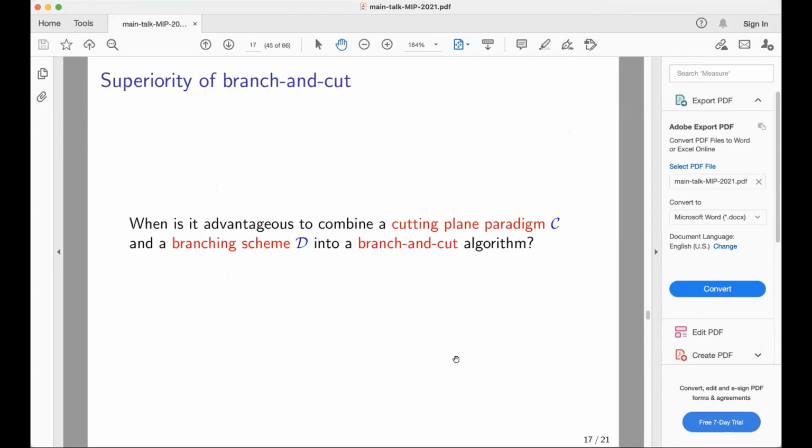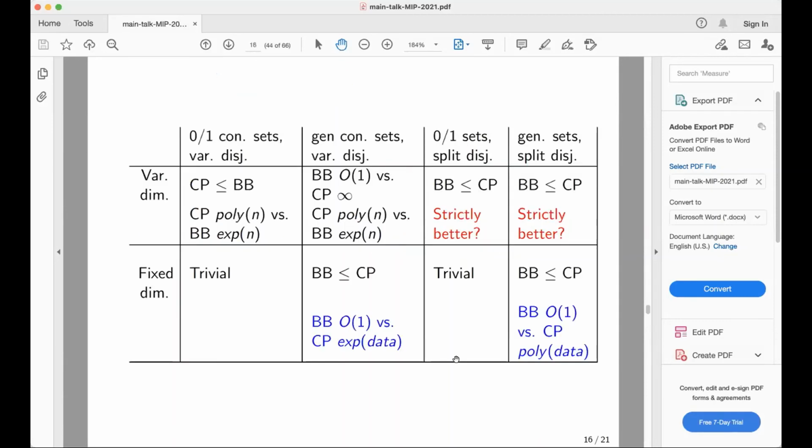So let me just talk about, so far we have been trying to understand branch and bound versus cutting planes. The intuition is that if there are settings where the branch and bound algorithm is always going to do better than cutting planes, it probably doesn't make sense to add cuts into the mix, because you can do whatever you were doing with just branch and bound. Or if cutting planes is always better than branch and bound, then again, you probably are not going to see much of an advantage, at least mathematically, when you combine them into branch and cut.